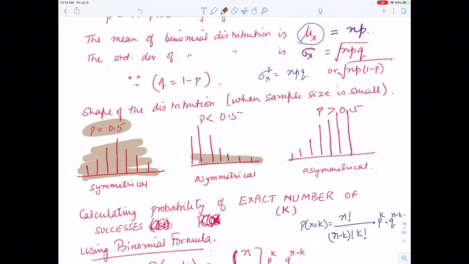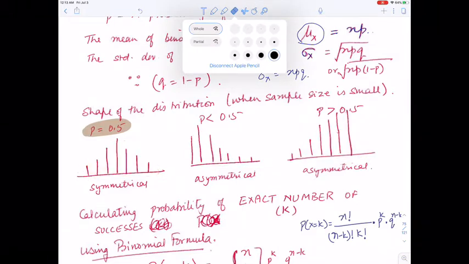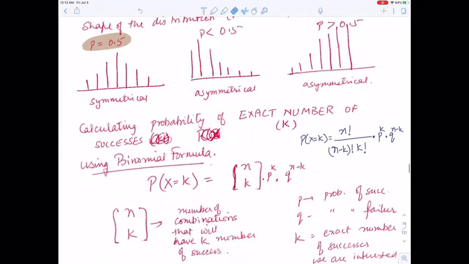You see these bars are discrete bars, there's gap in between them. So these distributions are not always symmetrical. They're symmetrical only when probability of success in each trial is 0.5. If it is less than 0.5, skewed to the right. If more than 0.5 for probability of success, then it is skewed to the left.